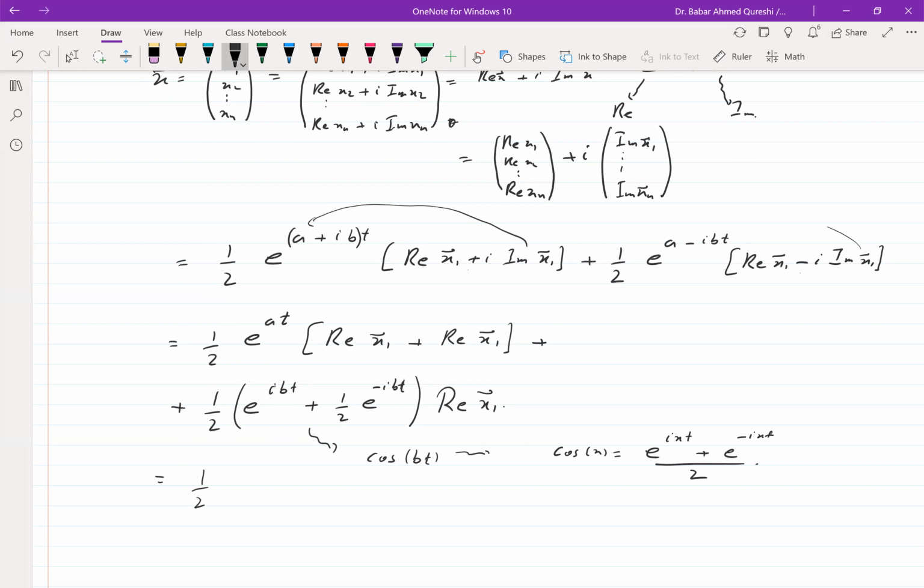So we will arrange these. What I'm trying to do is write the solution as a real solution. Right now, what I had was a complex solution. I'm trying to make the linear combination so that I get something real. Since we are running out of time, we will complete it next time.